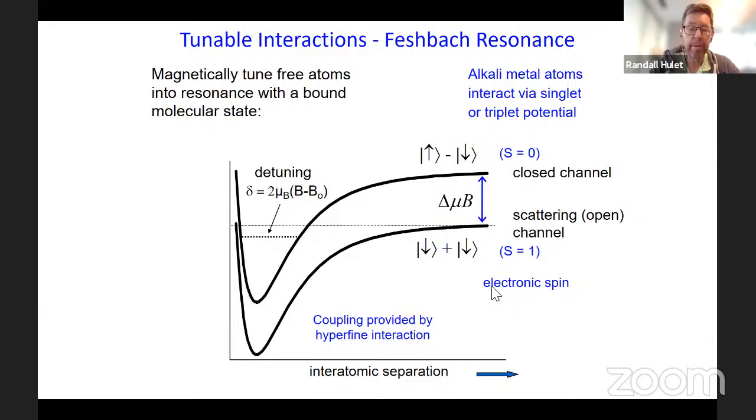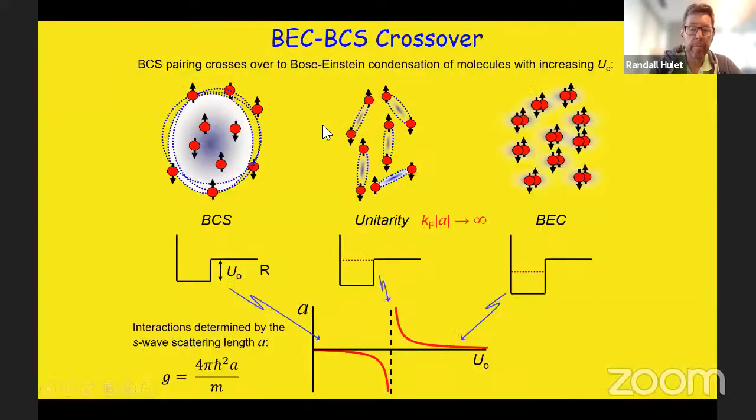Okay. So this is what underlies the Feshbach resonance. So we get to the situation that we had on the previous slide. Let me back up here. We get to this situation where we're at unitarity when the bound state is exactly at threshold, or exactly at the collision energy.